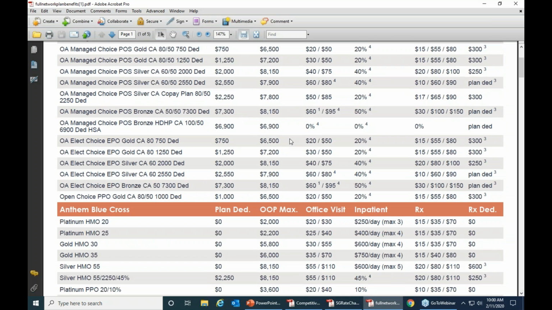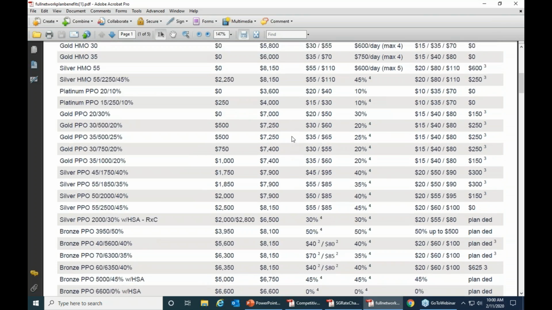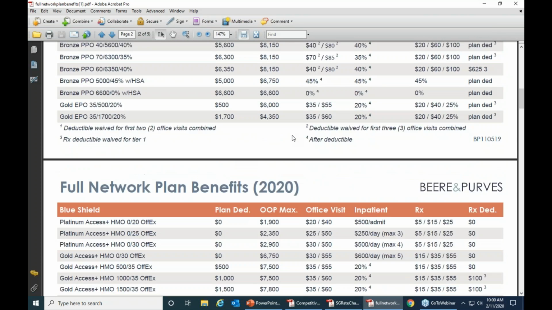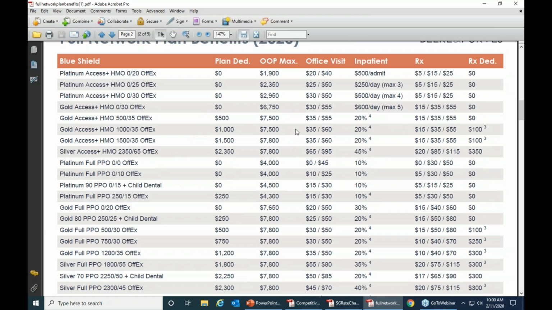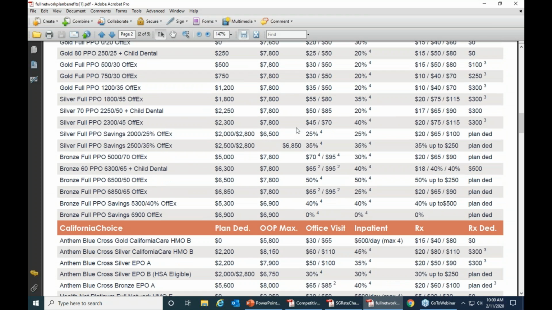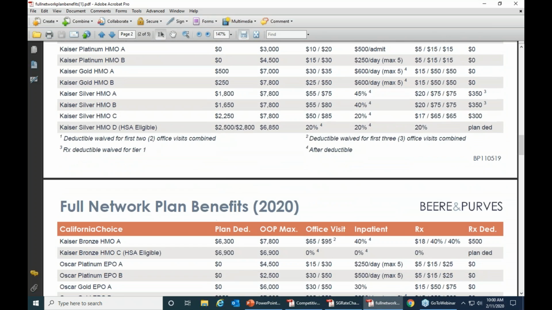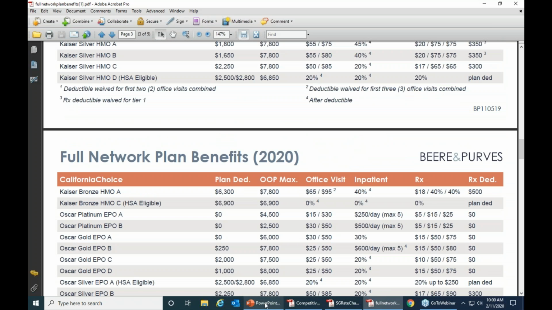This is extremely helpful because now you can see if I'm going to be downgrading or upgrading. All of the carriers and all the full networks are all listed right here. And there's a summary. You should keep this with you at all times. This is a very good tool when you're in conversations on the phone or when you're quoting or when you're meeting with clients. Great resource for you.